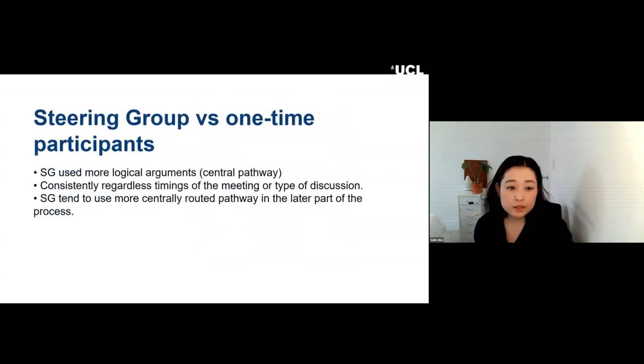I also compared the communication patterns between steering group members and new participants who joined just for the final workshop. The steering group members had worked together over the 3 years. And I found that they generally used more logical arguments rather than emotional arguments, unlike the new participants.